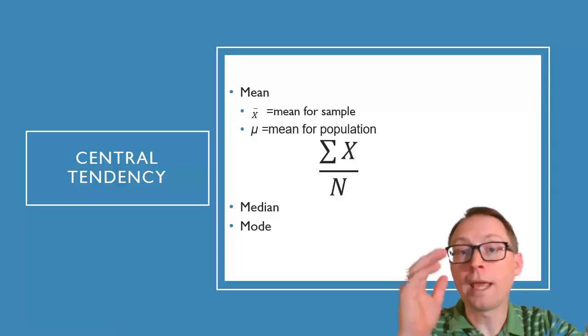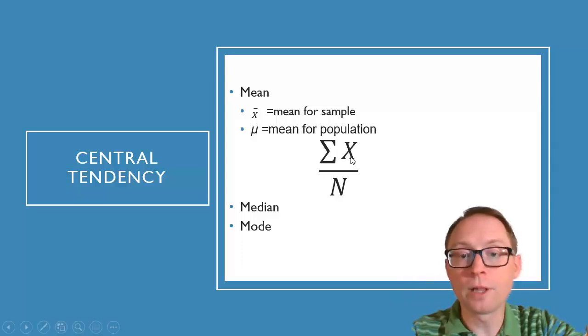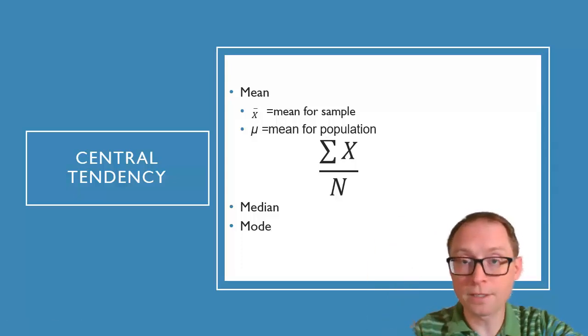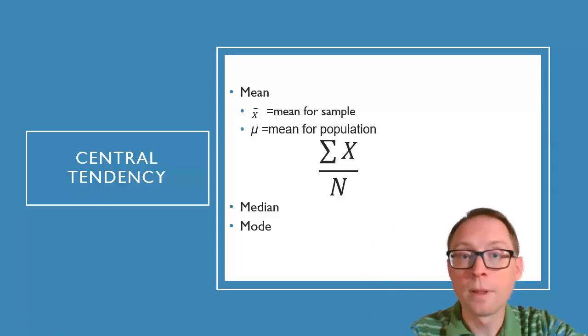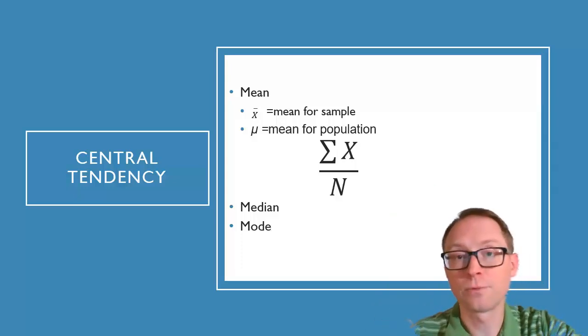We calculate both of them the same way. This is the formula for x bar as well as for mu. Do you remember this? This thing right here means sum. Okay? So the sum of x, meaning the sum of all of the variable, right? Sum all of the values of x. So for example, if x was awesomeness for our ninjas, we would want the sum of all awesomeness for all the ninjas, right?